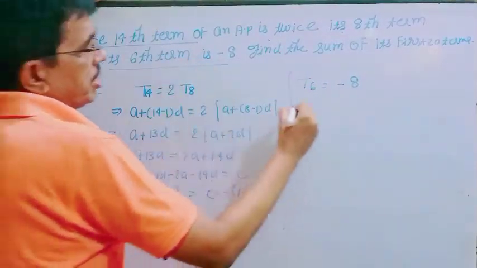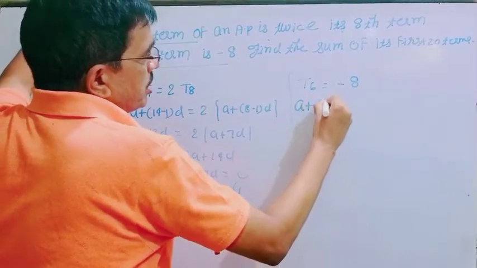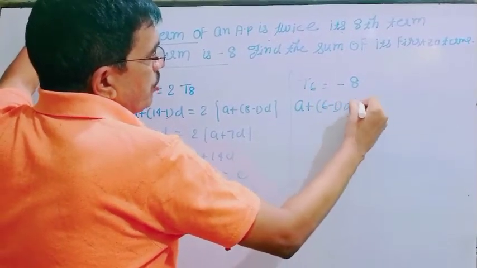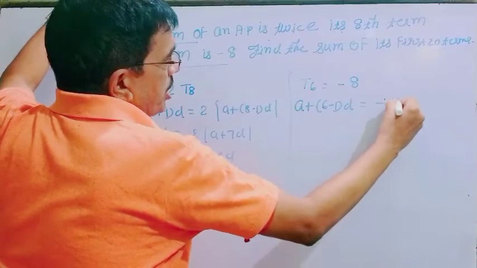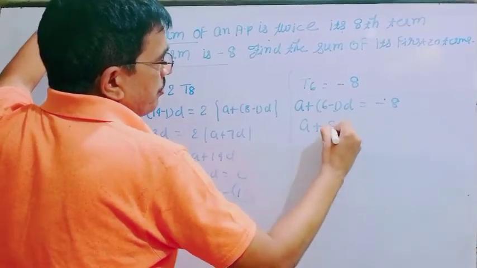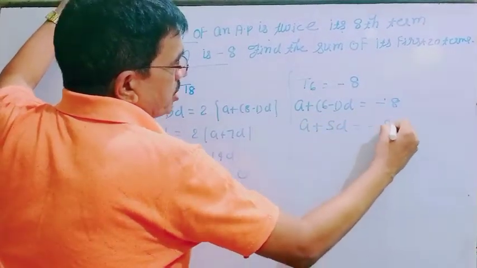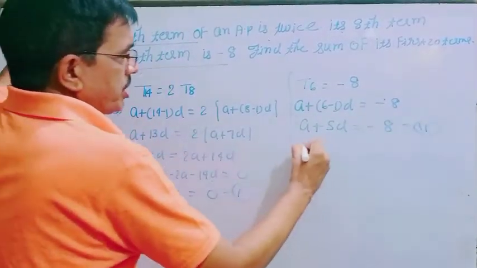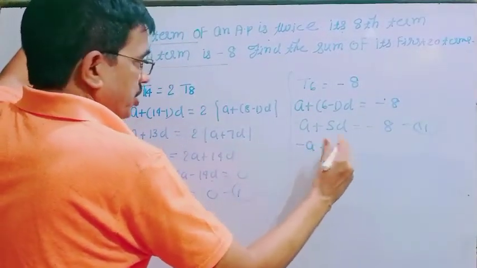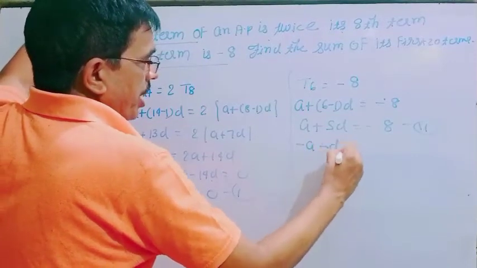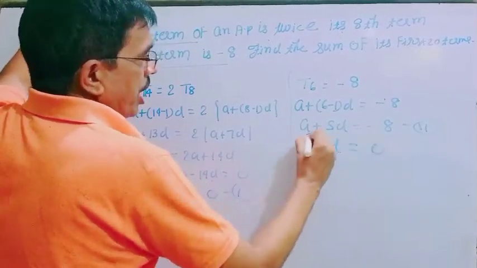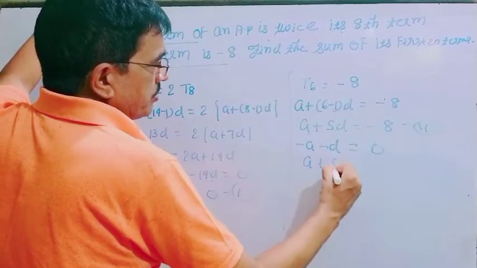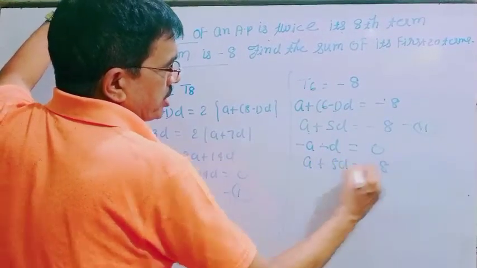So you write A plus 6 minus 1 into D is equal to minus 8. Then A plus 5D is equal to minus 8. It is the second equation. The first equation is minus A minus D is equal to 0, and the second is A plus 5D is equal to minus 8.